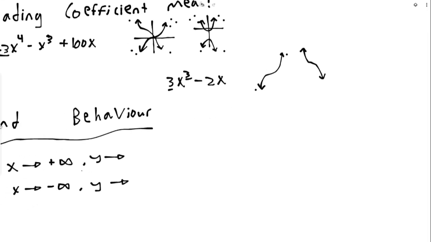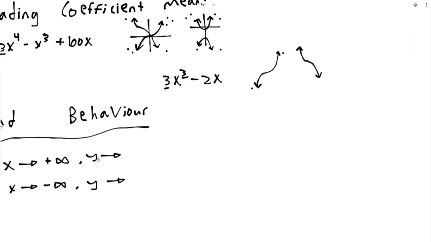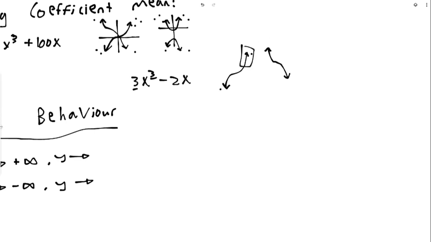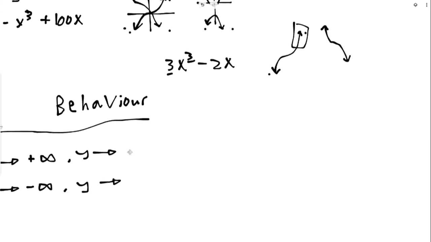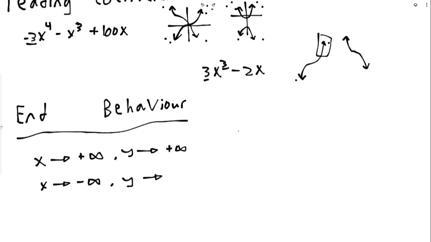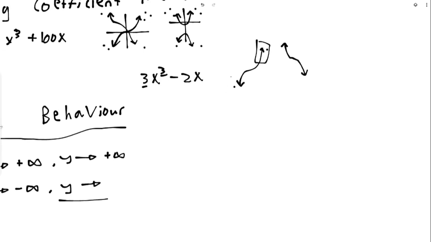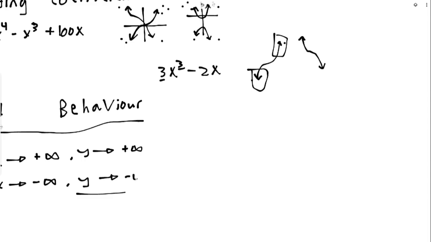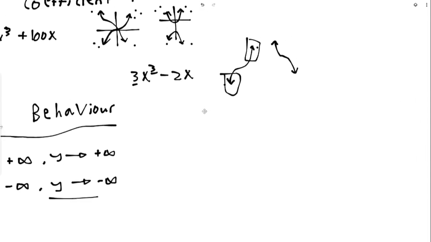So when x is approaching positive infinity, in this area over here, y is approaching positive infinity. And when x approaches negative infinity, in this area, y is approaching negative infinity, which is down there where it's pointed.